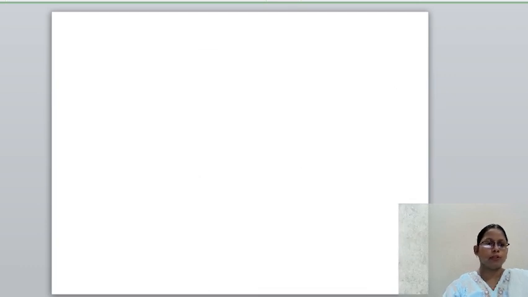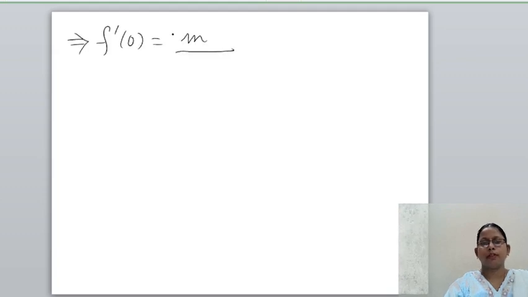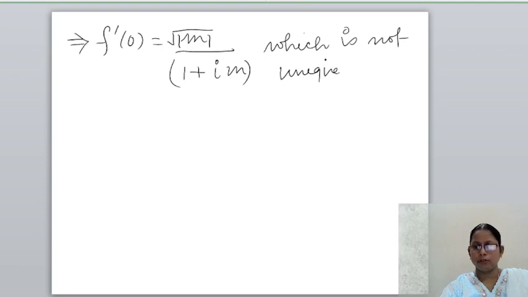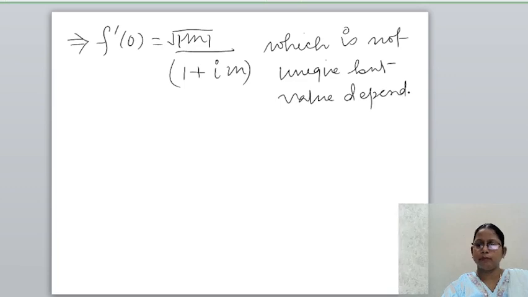So this implies f'(0) is what? m square root modulus of this, 1 plus i m, which is not unique, not a definite finite number, but the value depends on m.